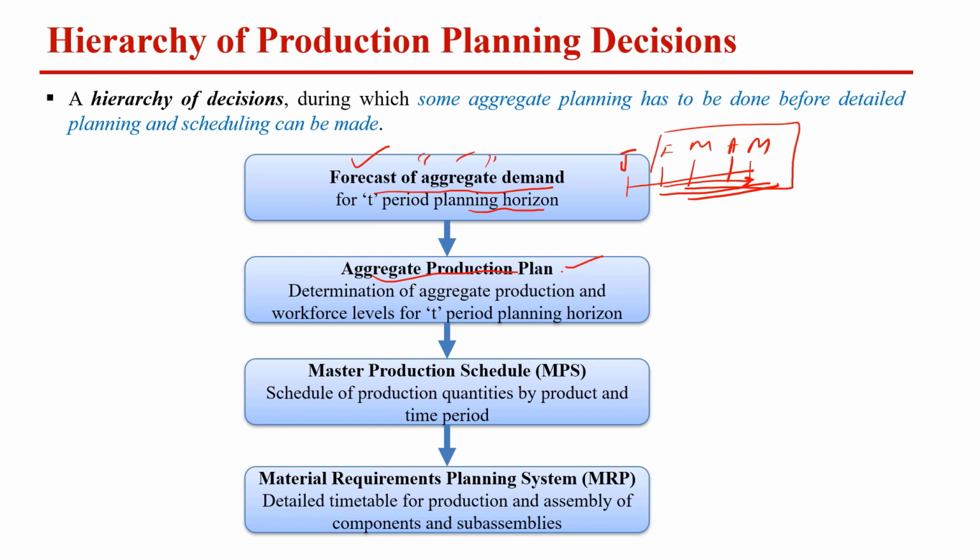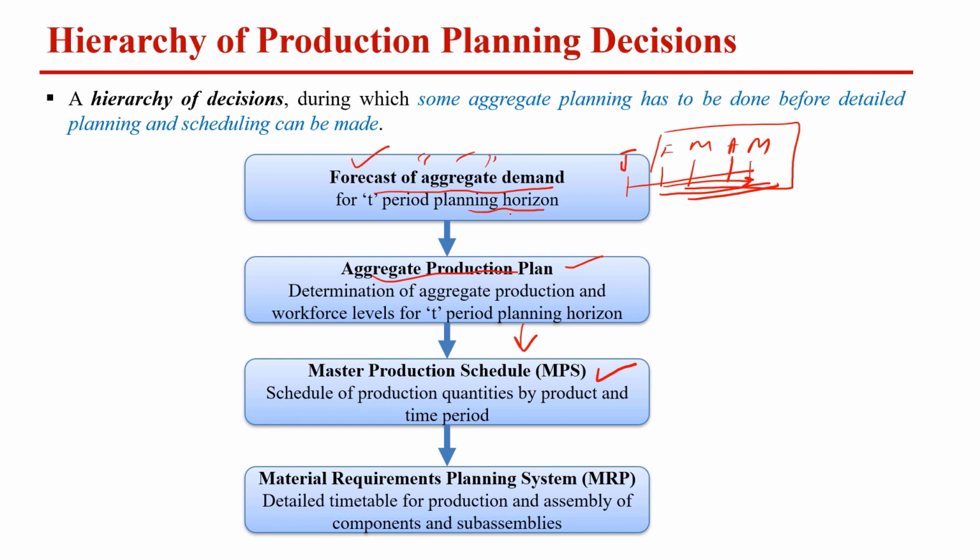Once we have developed the aggregate production plan, we develop the master production schedule, for which the aggregate production plan works as an input. For every product family, we break that family down into every individual SKU in the master production schedule.